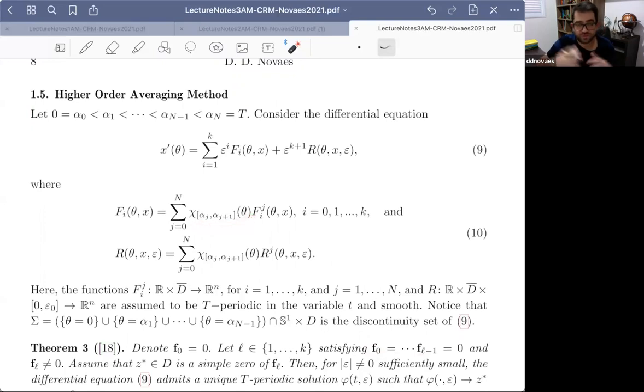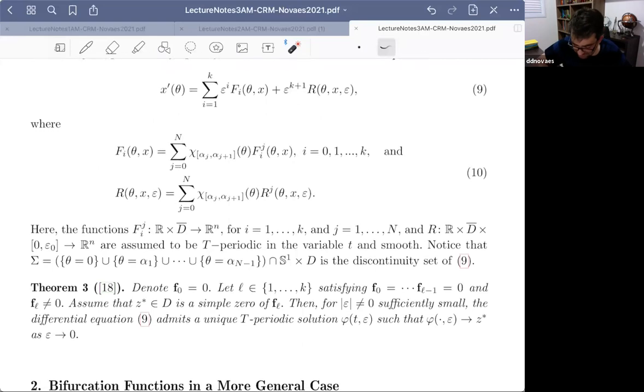Okay, if you have, for instance, a piecewise linear system, a vector field, and you can transform this non-smooth vector field into a non-autonomous differential equation which is discontinuous only in the time variable, then you can apply the formula for the high order averaged functions as we have defined it without any problem. Okay, you can compute and it will control the bifurcation of periodic solutions.